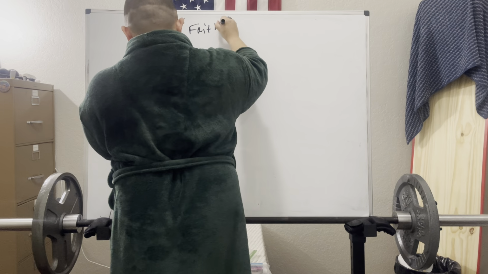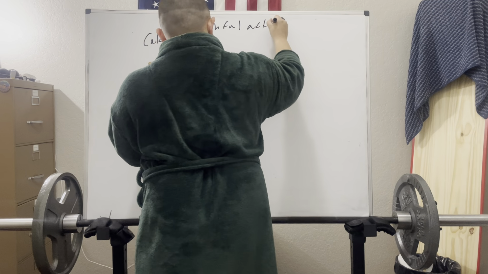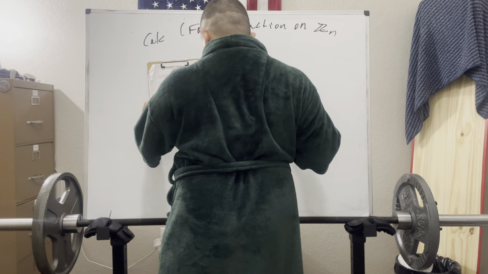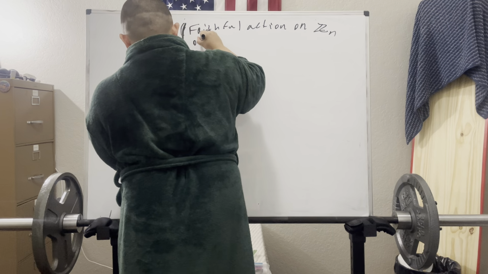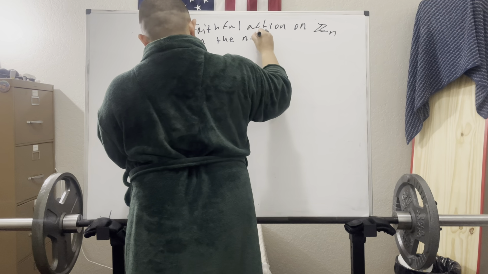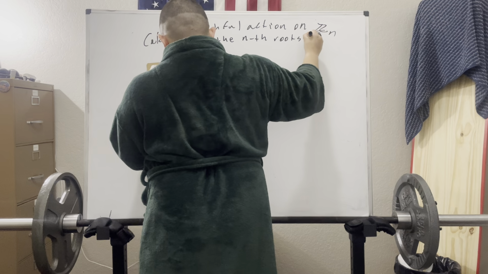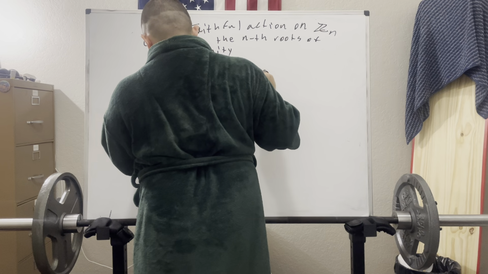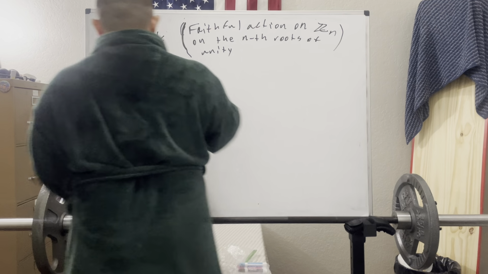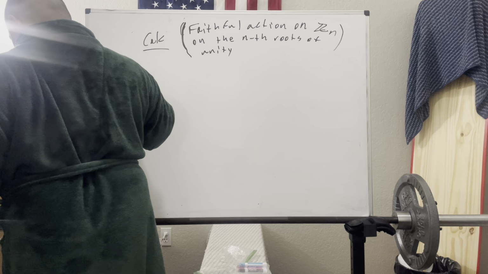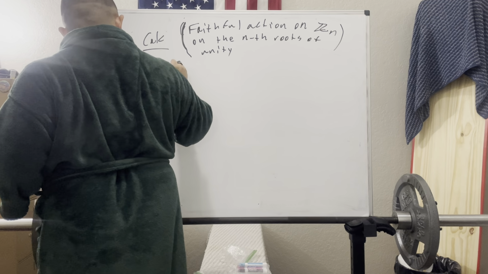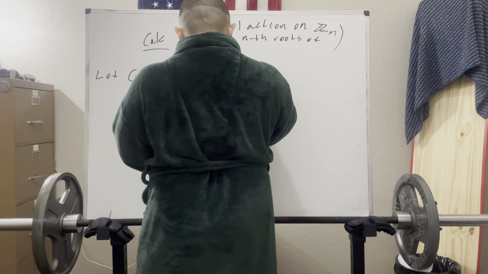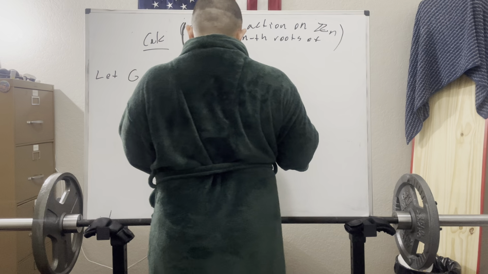Faithful action of the integers mod n on the nth roots of unity. So let G be equal to Z sub n, which is generated by 1, I suppose additively.